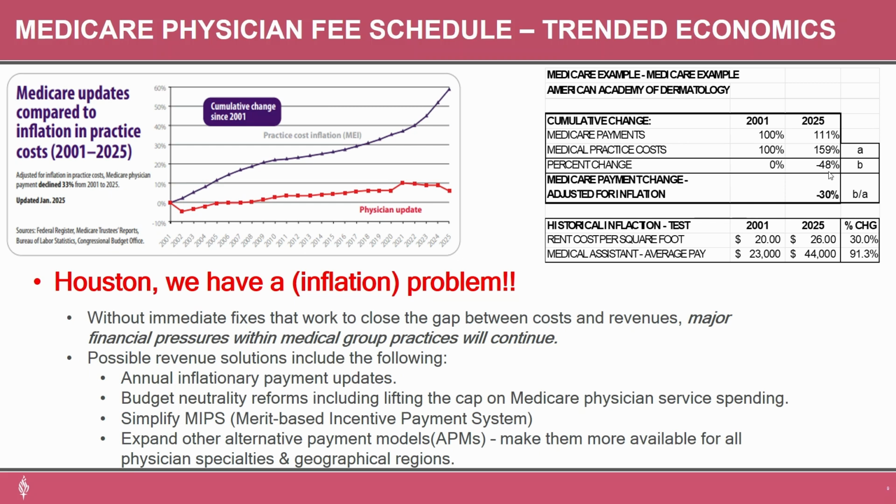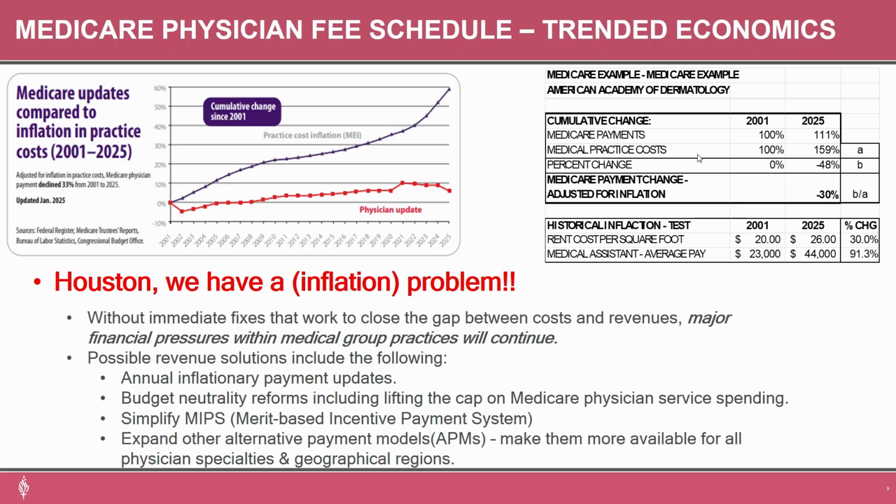If we calculate Medicare payments in terms of adjusting for inflation, we take minus 48% divided by the increase in cost, we arrive at a very similar number that the federal government did. Adjusted for inflation, Medicare payments to dermatology decreased 30% over this 24-year period.